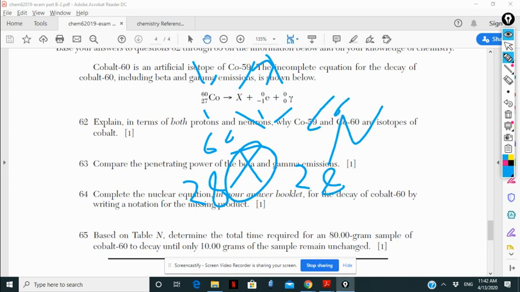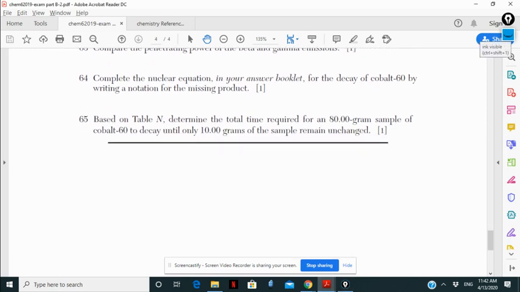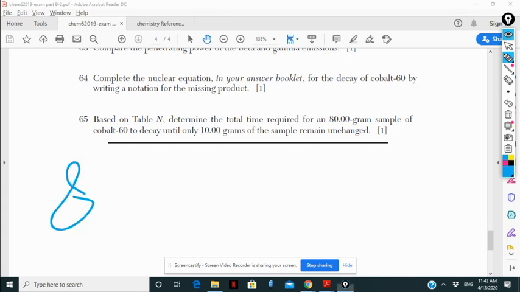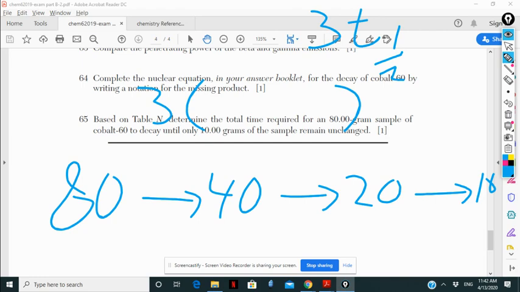Okay, the last question. From the table, determine the time required for the sample. So I have 80, now half of it is 40, half is 20, half is 10. So what does it mean? I have 3 half-lives. So for the total time I must multiply 3 times the half-life for cobalt-60.